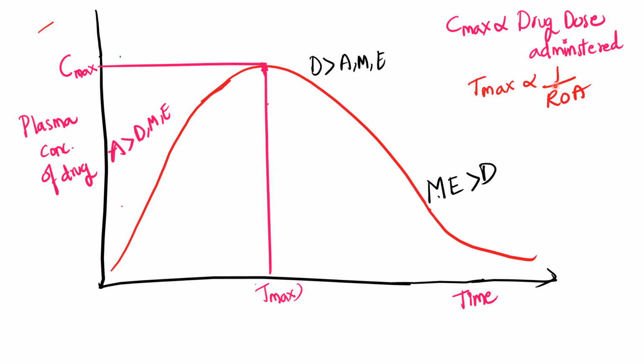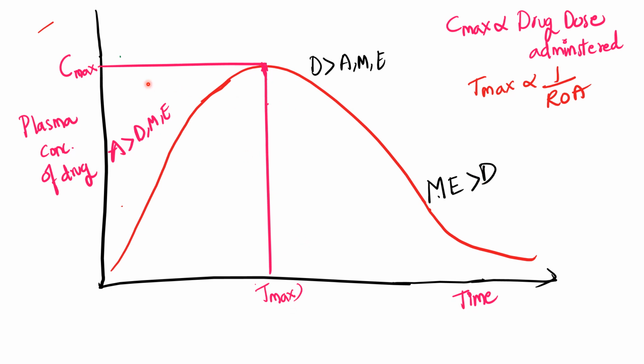Whereas Tmax is inversely proportional to the rate of absorption. If the rate of absorption is more, the Tmax will be less, it is reverse. What exactly is Tmax? The time at which it reaches, it just corresponds to Cmax.